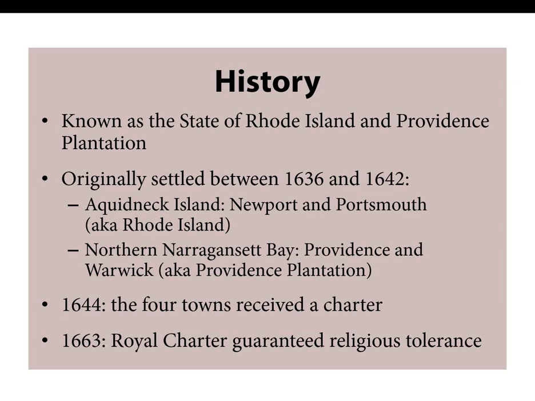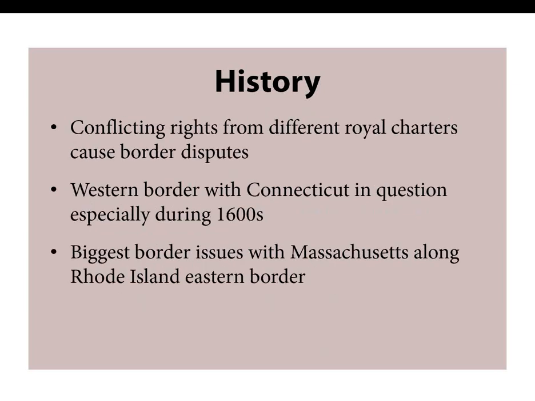In 1663, a royal charter that guaranteed, among other things, religious tolerance kind of messed up that a little bit with our borders. So going forward, what started out as everybody getting along great, we end up with some conflicting rights for different royal charters, causing these border disputes that are going to affect where you look for some of your records.